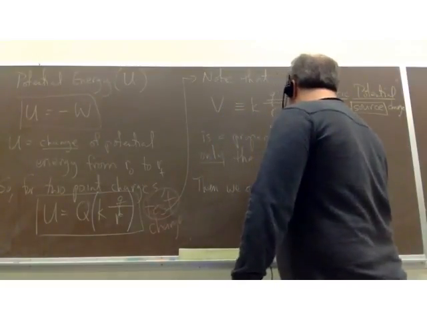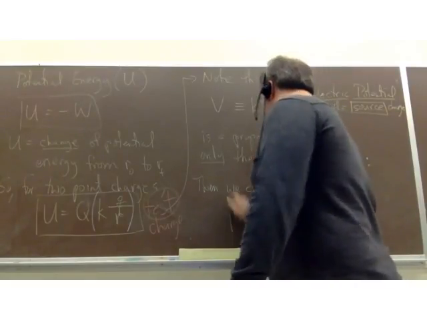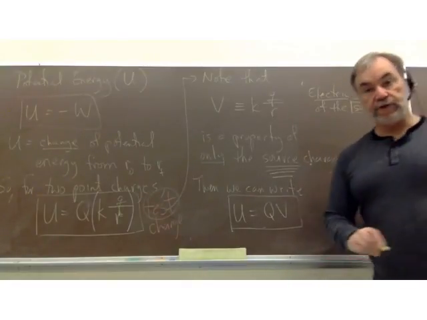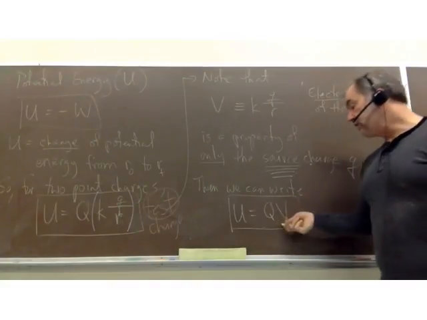And as a consequence, there's two things. First of all, I can write the expression for calculating the change of potential energy of our test charge in a very simple way.